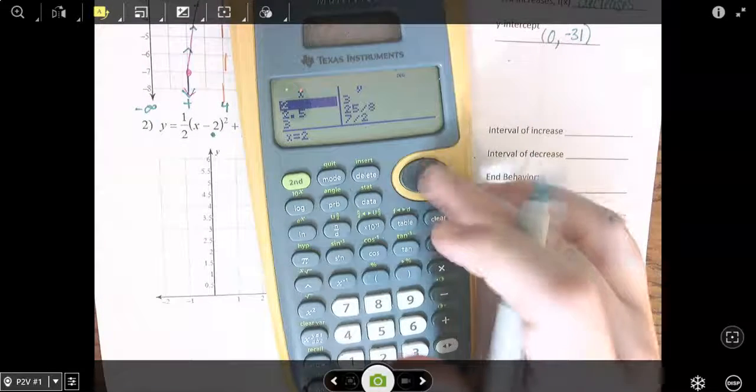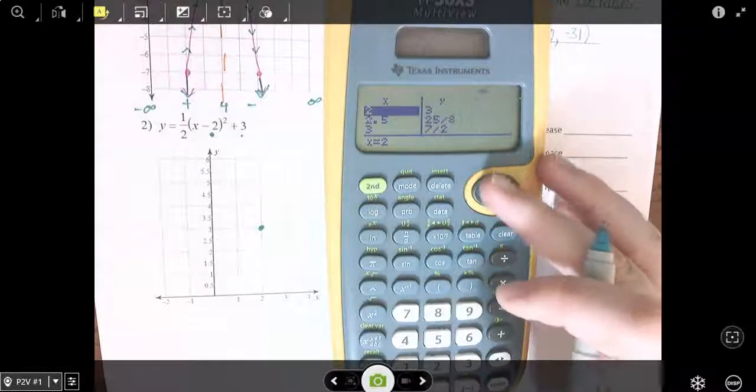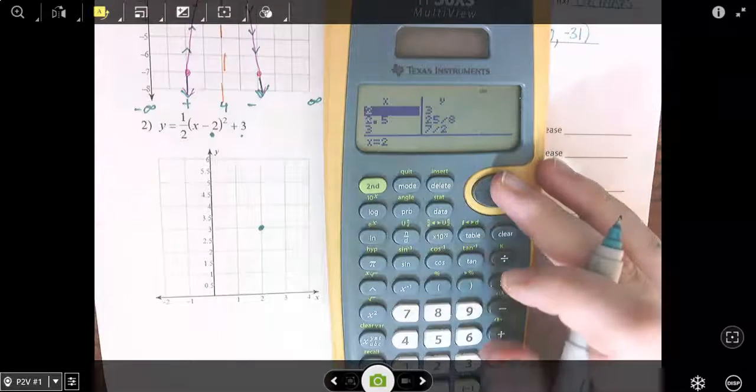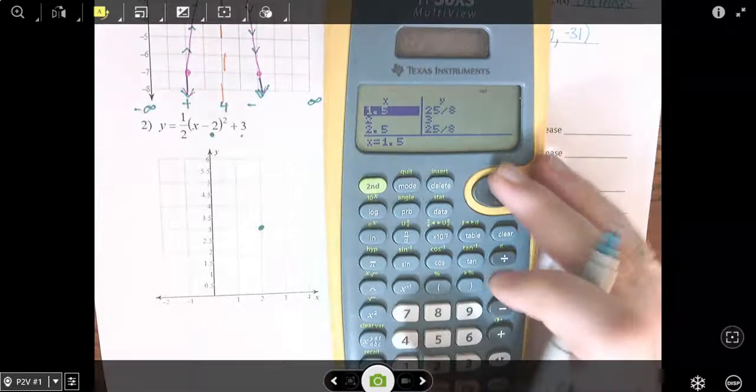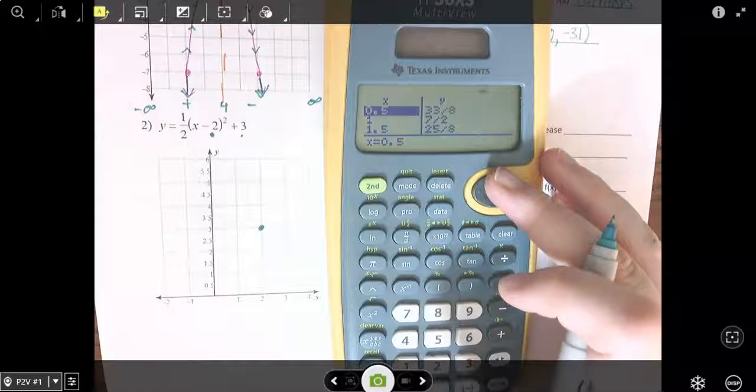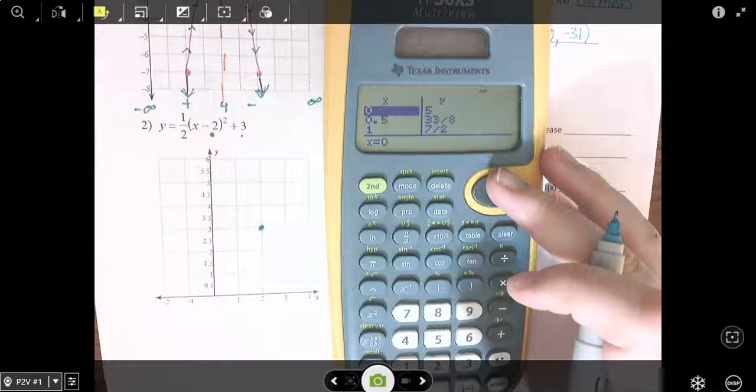So your vertex is at (2, 3). Again, when you have fractions, you may have to play around with the numbers, and you may only get 2 points, one on each side of the vertex. That's okay. You want to use points that you can use. And it looks like we have (0, 5).